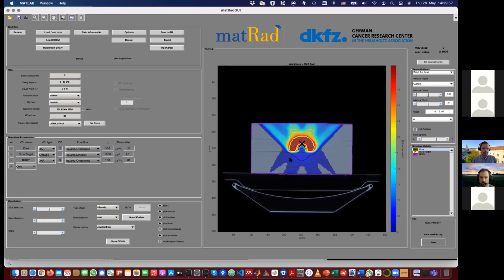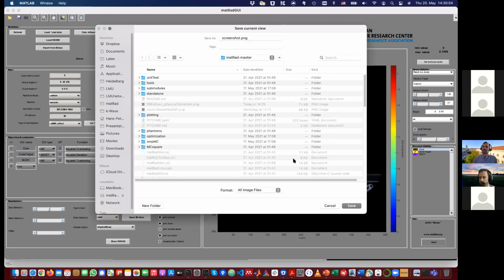And then we could also have a look at the DVHs. So this is basically the extreme case that nobody would do in the clinics, basically neglecting the biology.